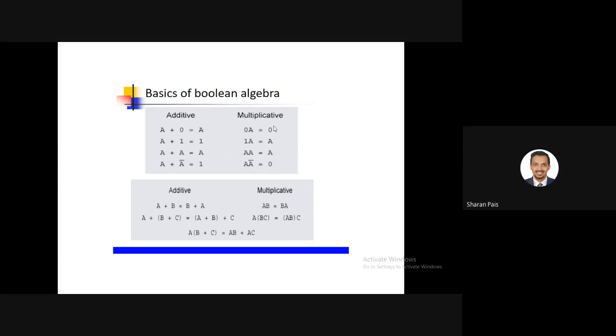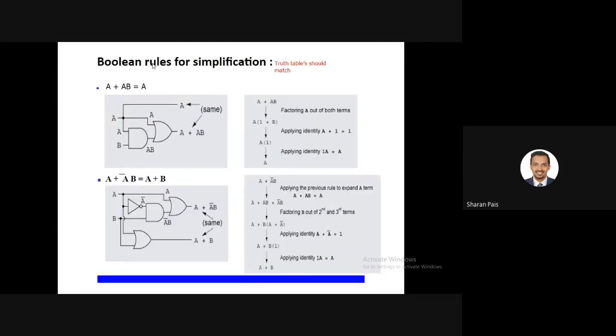Additive law, multiplicative law, what happens. So go through this. Boolean rules of simplification. So how to simplify the circuits.